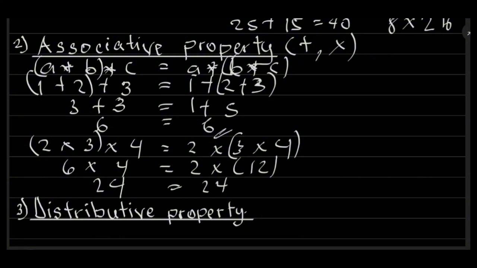So it works out just like that. It doesn't work for subtraction and then division. You can try this on your own and then check if the answers will be correct. 2, 4 minus 3 minus 2.